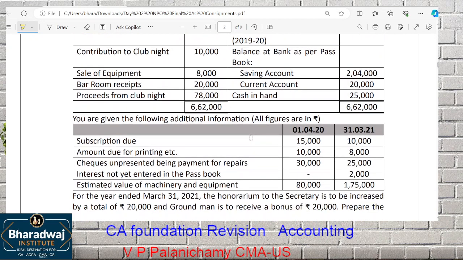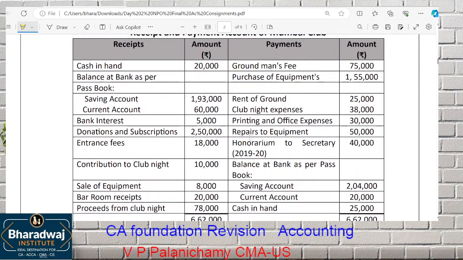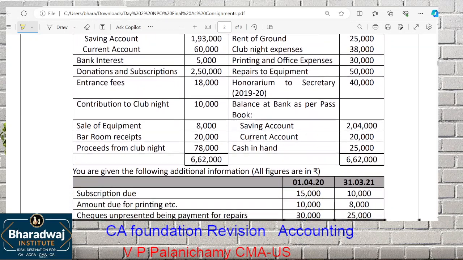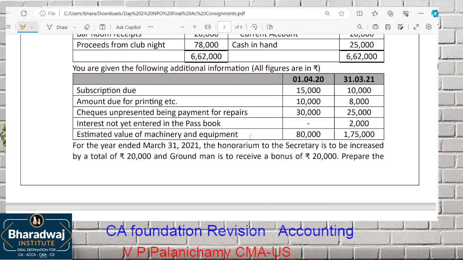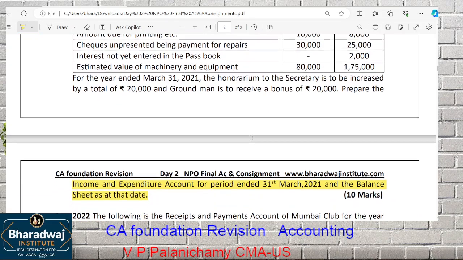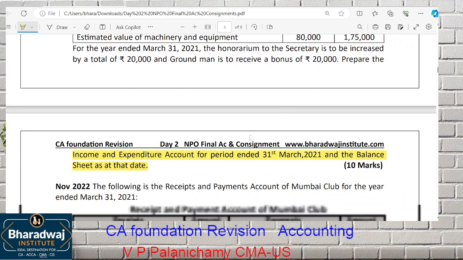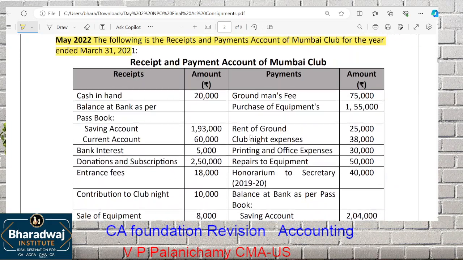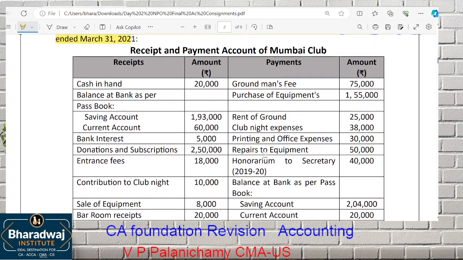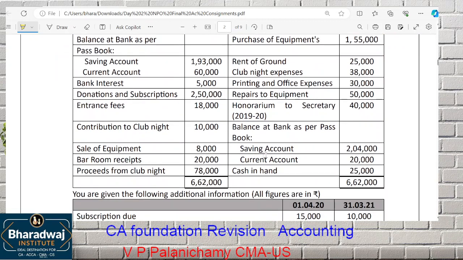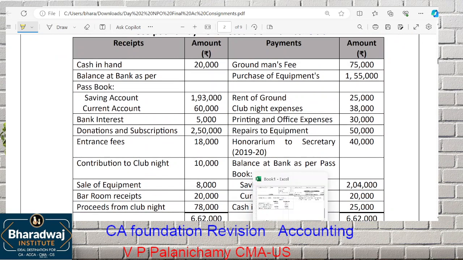Then we'll do income and expenditure. Yes, after the opening balance sheet, put the subscription account workings, then come back to income and expenditure, not an issue. Try it and let's see. First prepare the opening balance sheet, then we'll continue.